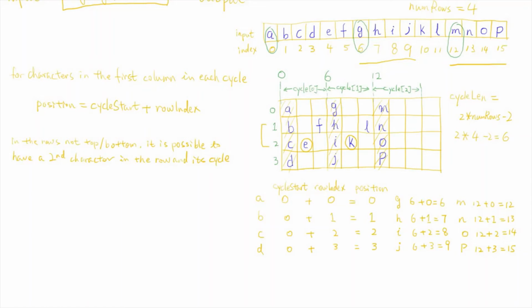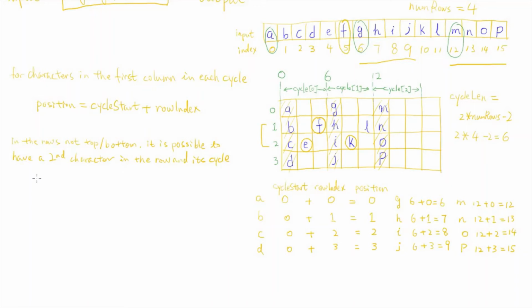For example, E at row number 2 and the cycle starts with 0. And let's look at the character F. Character F is at the row whose index is 1 and in the cycle that starts with 0. F is one character away from the next cycle, which starts at 6. And the position of F in the input string is 5.